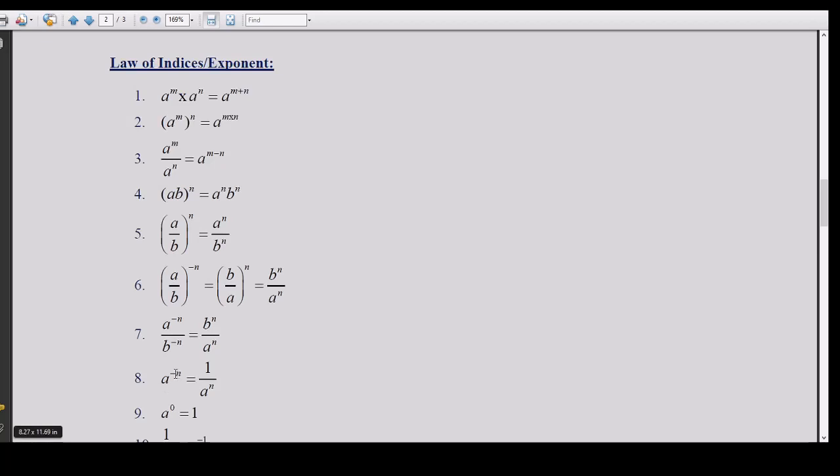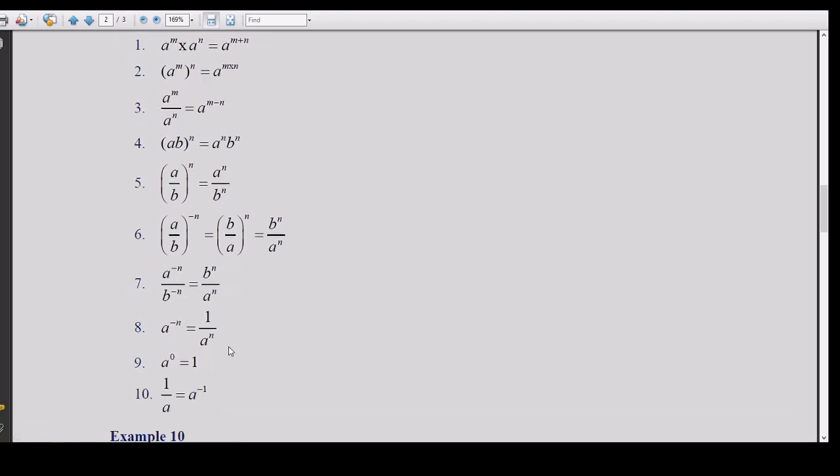a^(-n) is 1 by a^n. If you have 1 by a^n, if you take this a to the numerator, you can write it as a^(-n). These are just a few simple things that you should remember. Next we have a^0 is equal to 1.